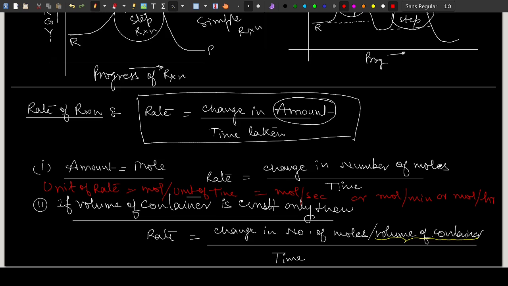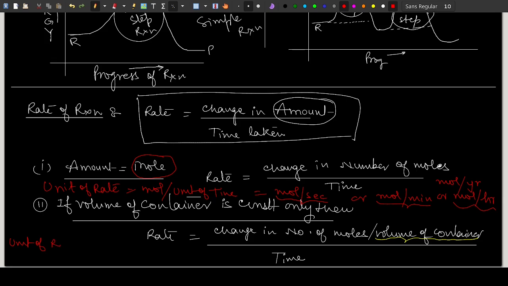So these are the units of rate when we express the amount in terms of mole.